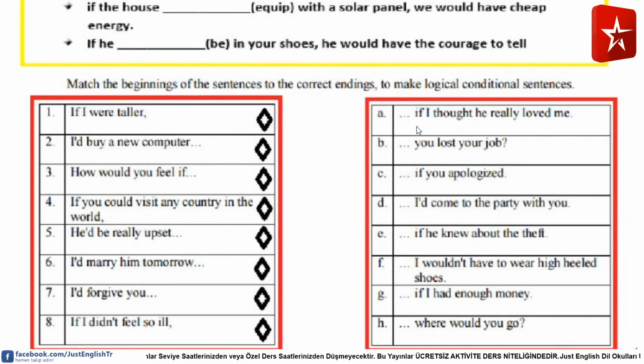Which answer is correct? Yes, it's F. If I were taller, I wouldn't have to wear high-heeled shoes. Number one is F. Great.